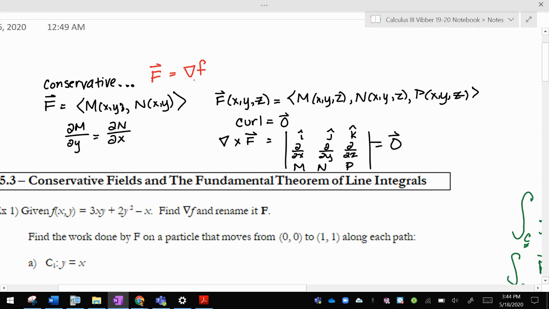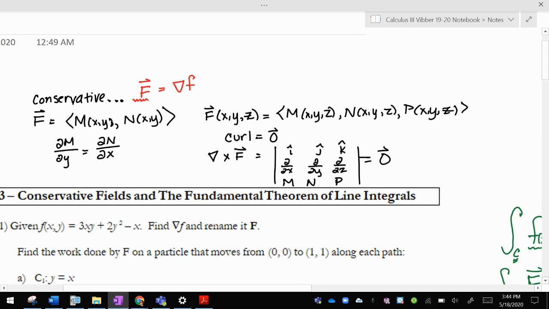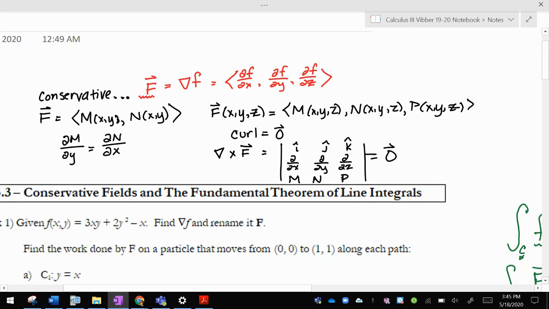This is the one where we said, what if I found a function whose gradient equaled the vector field F, and just to remind you, the gradient of f is the vector df/dx, df/dy, df/dz. Whew, that was a lot to talk about something being conservative here.